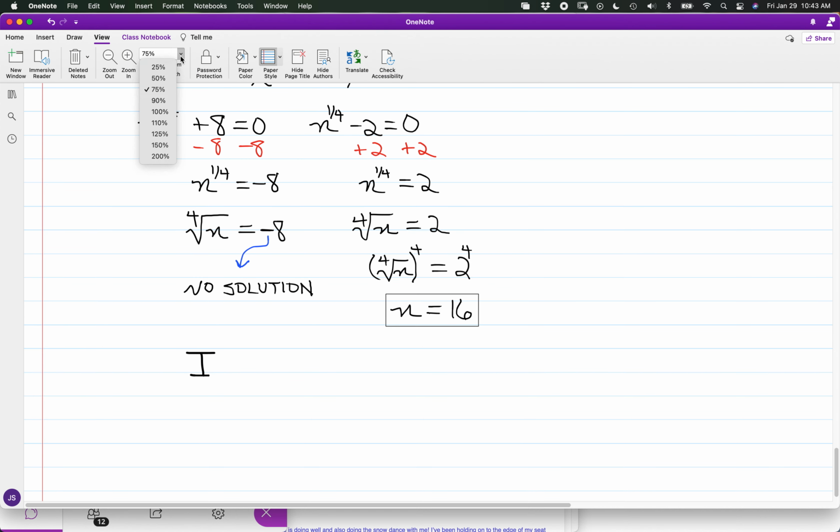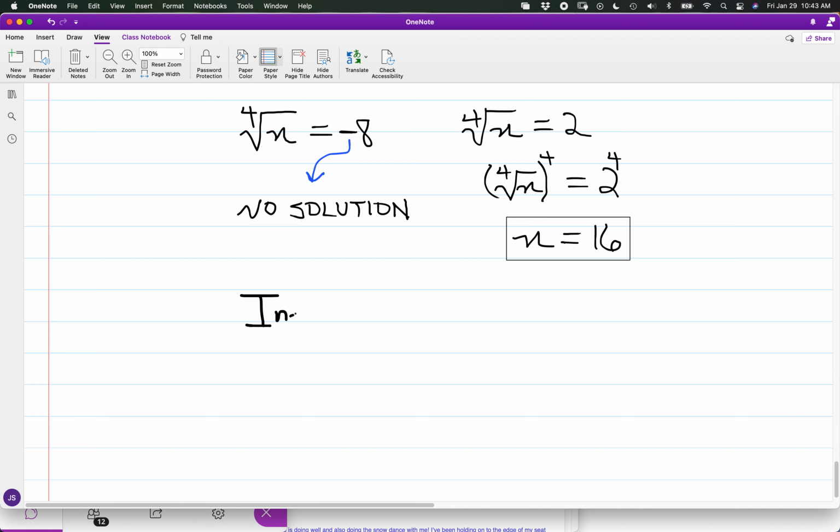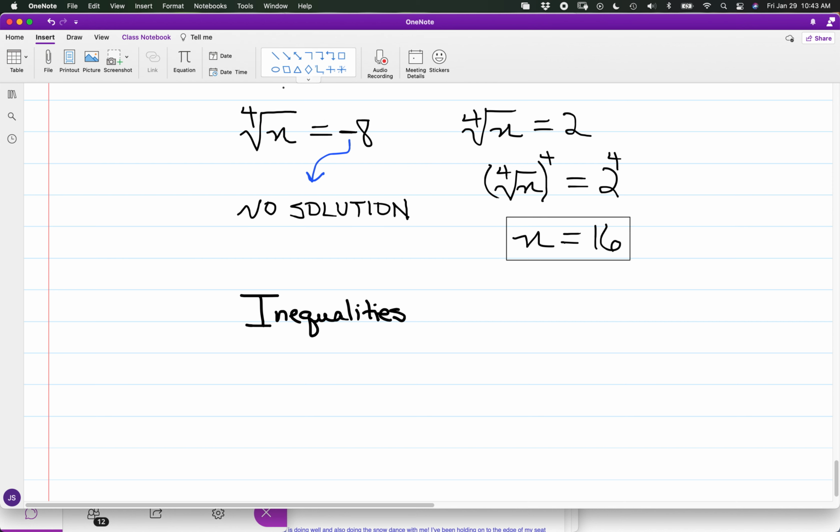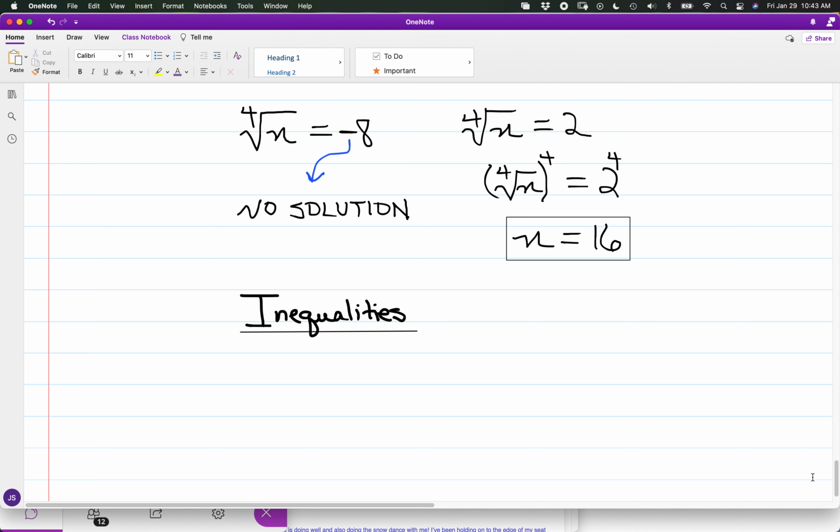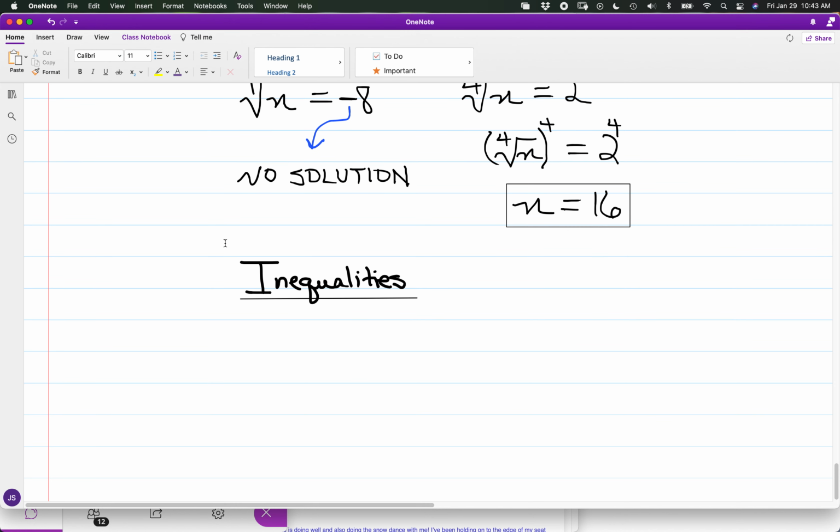In the case of inequalities, there will be varieties of notations that will be used.